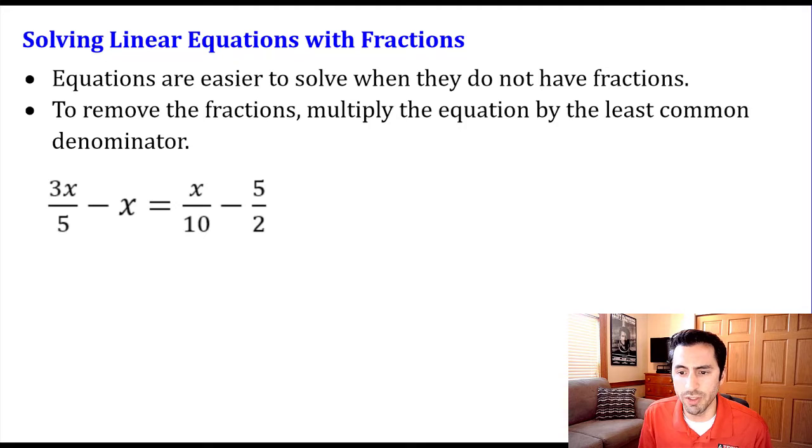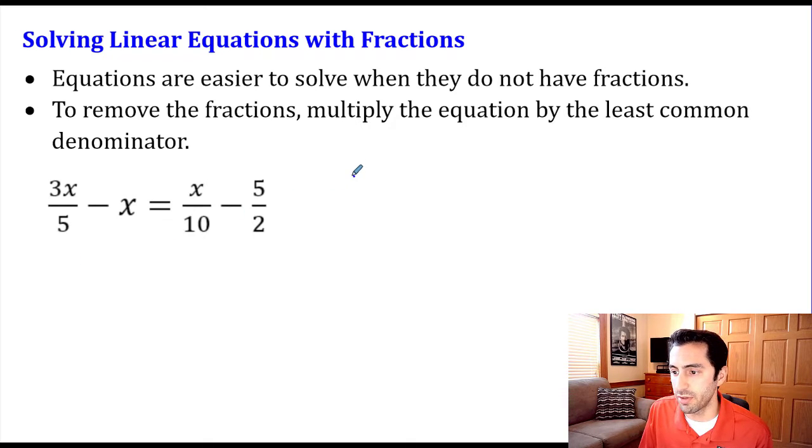So here I have an equation, 3x over 5 minus x is equal to x over 10 minus 5 over 2. So I have three different fractions in here, but I can simplify all of those fractions in one easy step by multiplying by the common denominator. So all the denominators here, 5 and 10 and 2, my common denominator is going to be 10.